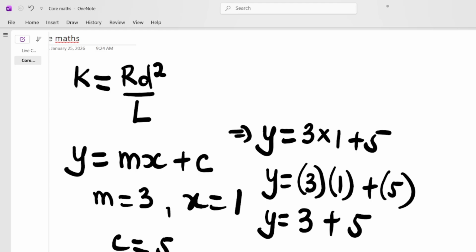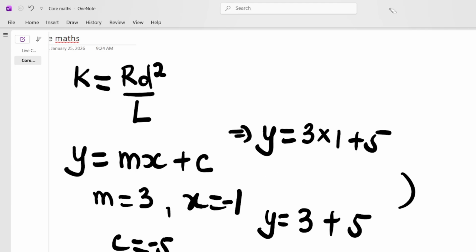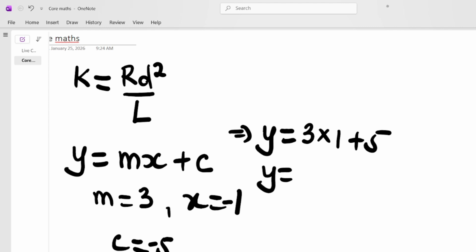The reason why you put it in brackets is because imagine c is equal to -5 and x is equal to -1. If we don't use brackets for the substituted values, most people will start doing y is equal to 3 multiplying -1 plus -5. Trust me, people do this, and it's confusing.